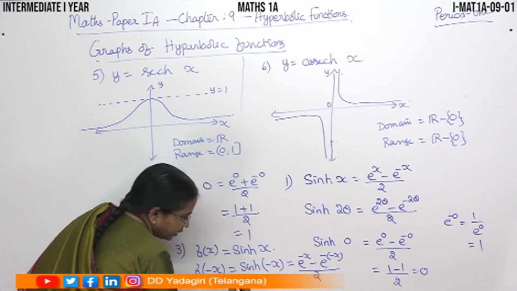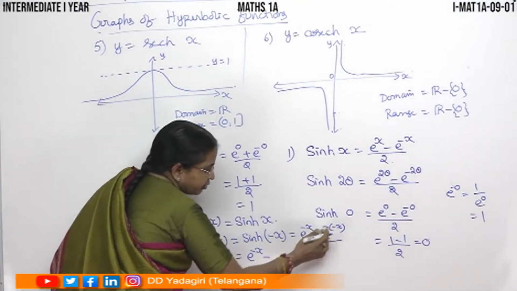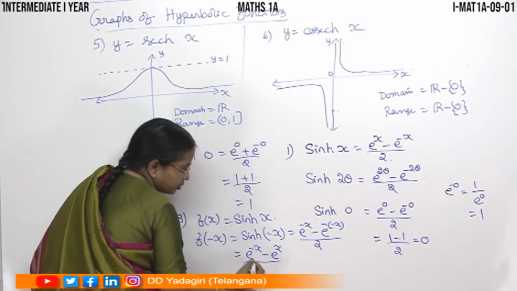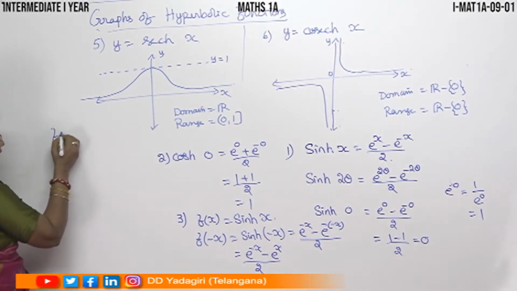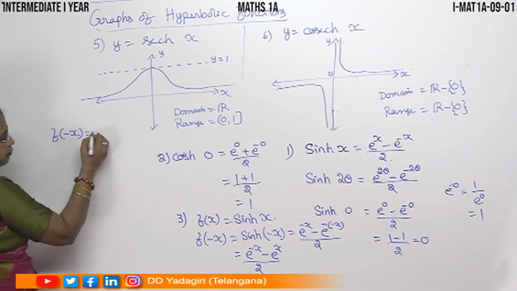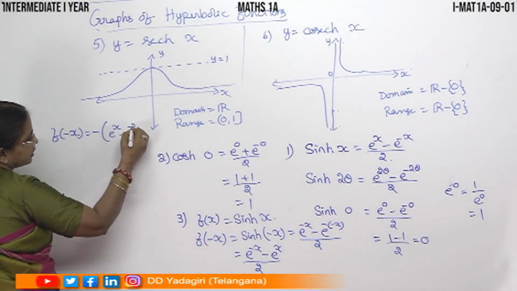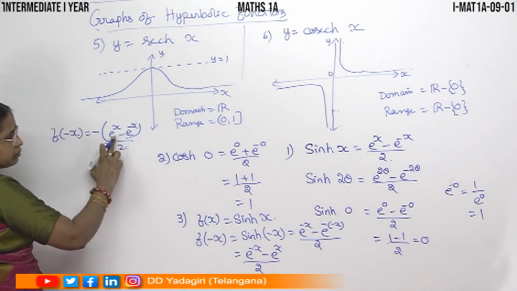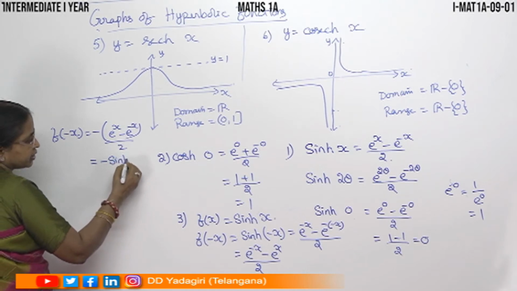Minus of minus becomes plus, so e to the power x by 2. So I can write f of minus x as minus of (e power x minus e power minus x) by 2. Take minus 1 outside, then it looks like this, and this is nothing but sinh x.